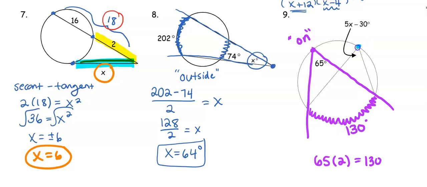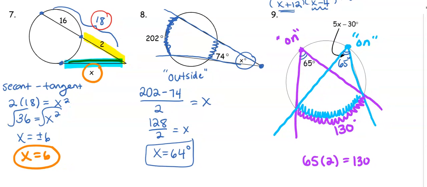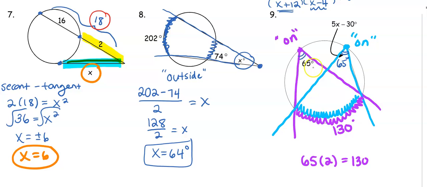When I go to the other side, this is also on the circle, and when I follow those sides out, I notice that it has the exact same intercepted arc. So if I were to cut that in half, I notice that that means these angles have to be congruent. If the angles have the same intercepted arc, those inscribed angles there are going to be congruent.